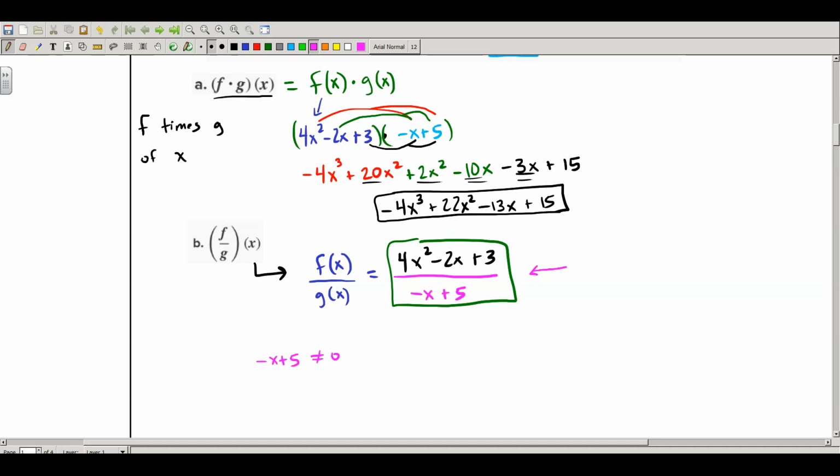That means that, if I solved for that, x cannot equal positive 5. If x was positive 5, then we would be dividing by 0. So that is just something that we're going to qualify here at the end: here's our new function, but also, as you can see, x cannot equal 5. This is really like the new domain of the thing. That's the one value that we can't plug in.